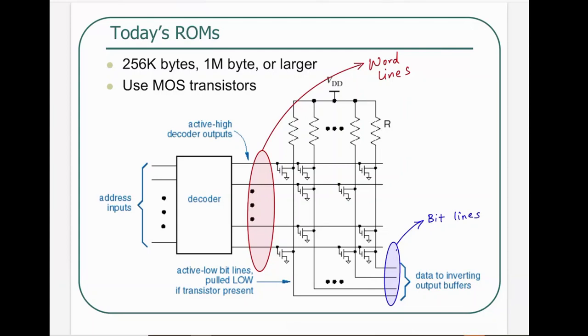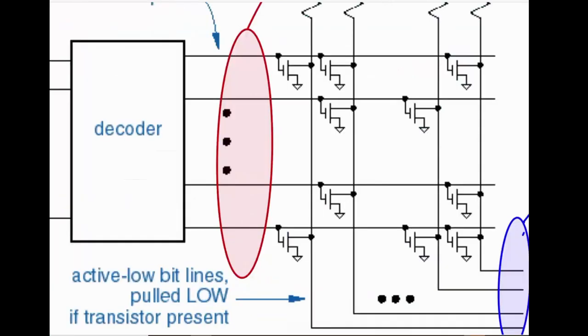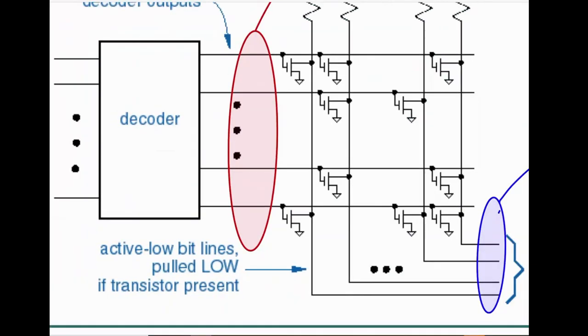That's right. Andrew says, doesn't it make it active low? Yeah. So the decoder, depending on what type of decoder it is, the outputs are going to be active, right? And then if this guy is active, and if it is high, for example, then the transistor is going to be on. If the transistor is going to be on, the way we have shown here in the example, that particular bit is going to read a 0 because of that.